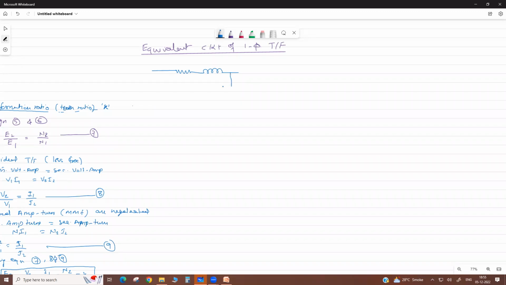Then there is a magnetizing core circuit, same as in a 3-phase induction motor. Now we consider an ideal transformer here.